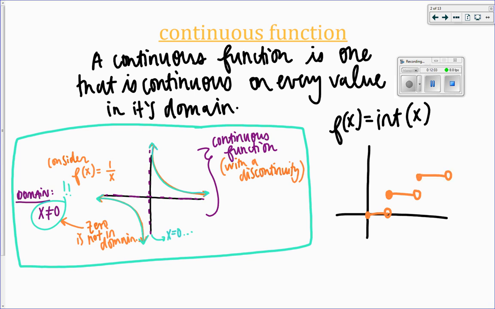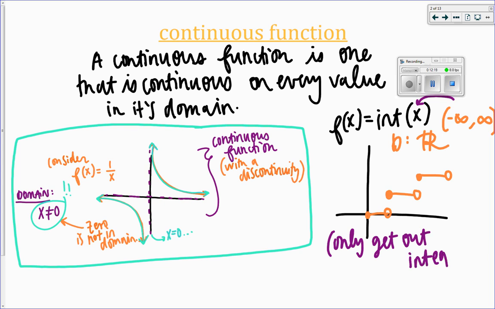The domain here is all real numbers, from negative infinity to positive infinity. I can plug any value into this, but here's the issue. What do we get out? We only get out integers. So this is an example of a function that is not a continuous function.